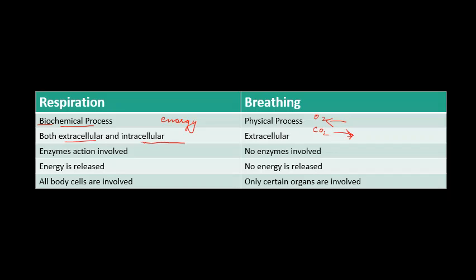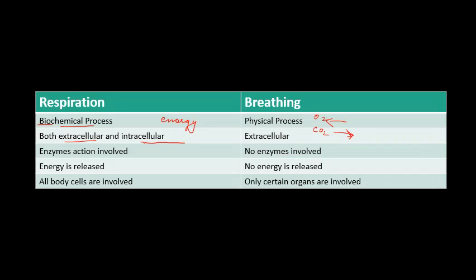Just now we saw the two aspects of respiration, that is extracellular and intracellular. The extracellular one is breathing. Without the breathing process, we cannot obtain oxygen. Without oxygen, we cannot break down the glucose. That takes place inside the cell, that is cellular respiration.